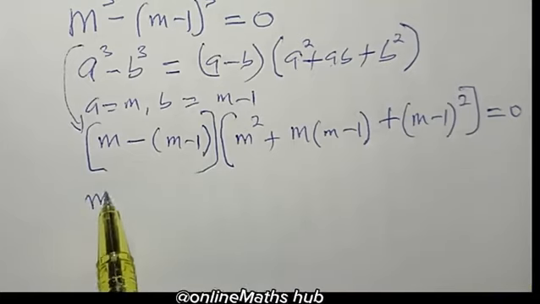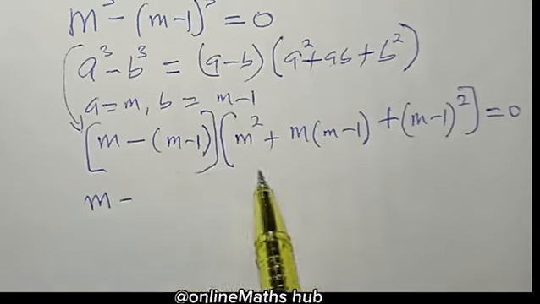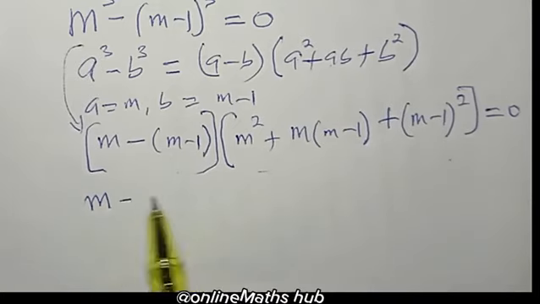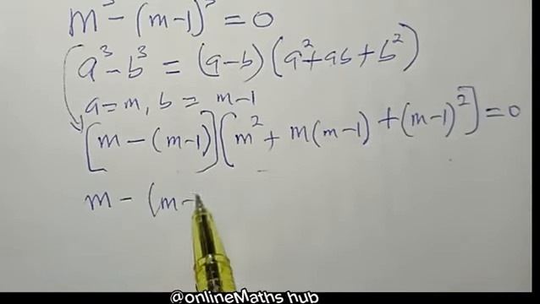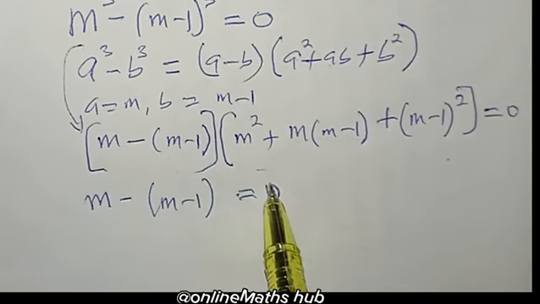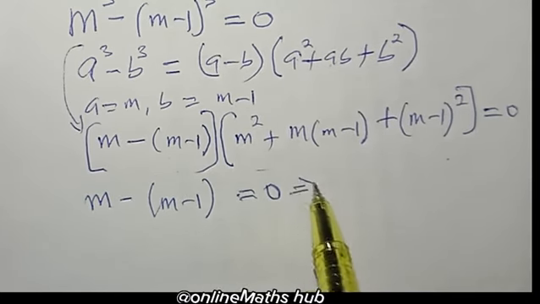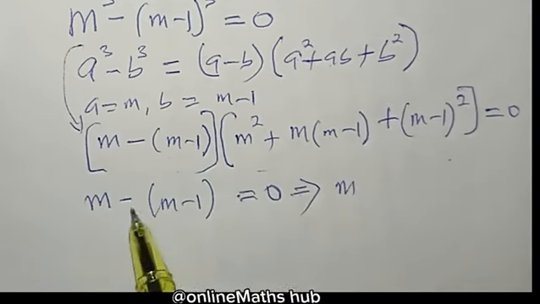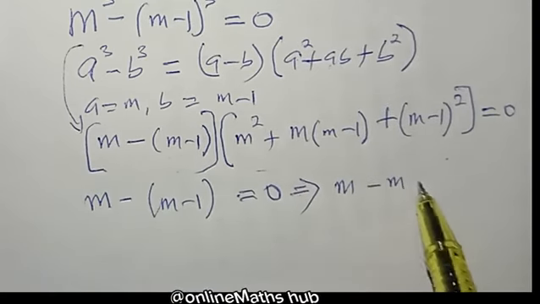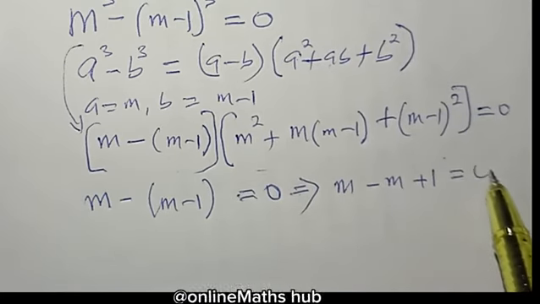So we want to find out whether this term here is equal to 0, or this particular term is equal to 0. So we have n into m minus 1 equal to 0, which implies that m, I open this bracket, minus m plus 1 is equal to 0.